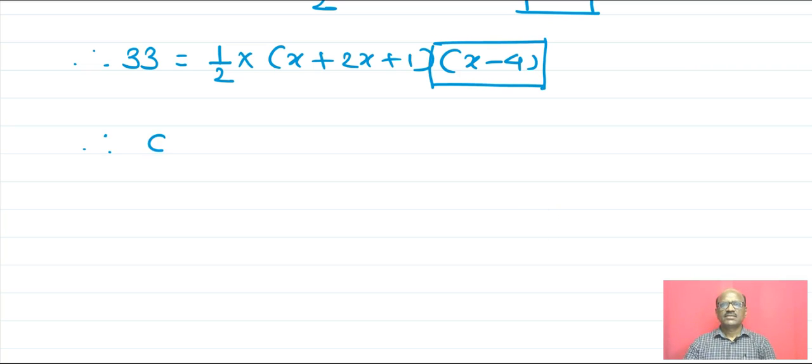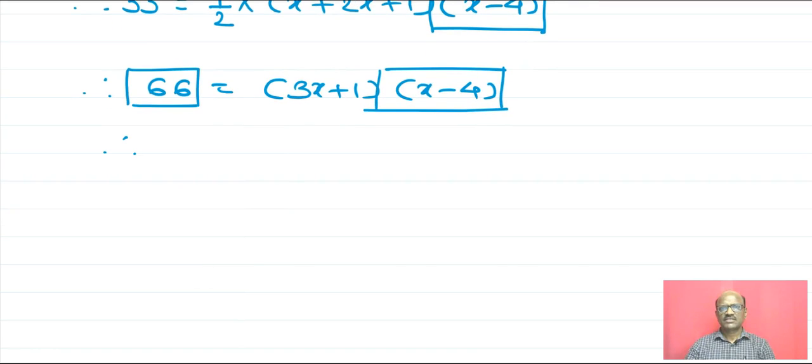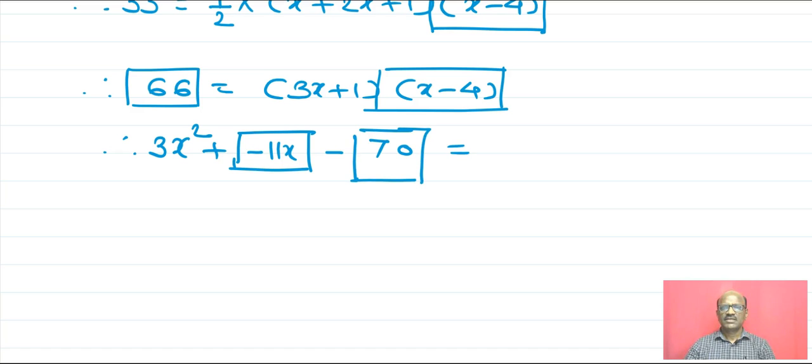That is 66 is equal to 3x plus 1 into x minus 4. Therefore, multiplication gives 3x square minus 11x minus 70 equals 0.